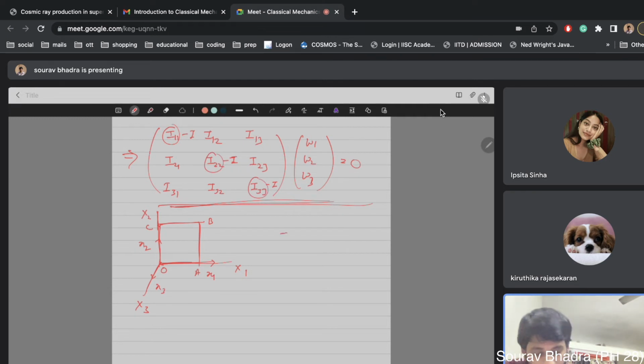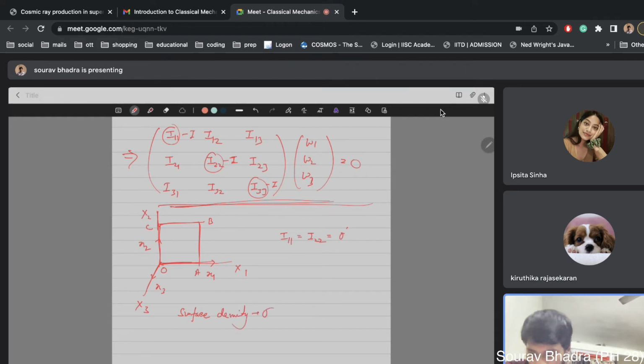Now first we have to calculate I11, I22, I33 as well as the cross terms for this particular system. For I11 and I22, I have done the lamina example in the previous class, you can go to that also. We also have to consider the surface density of the system, so let us consider the surface density as sigma.